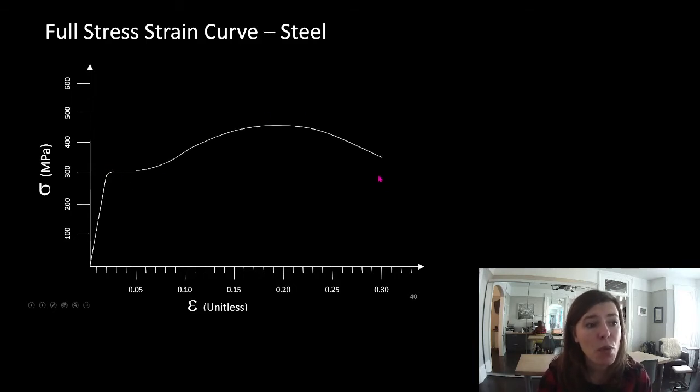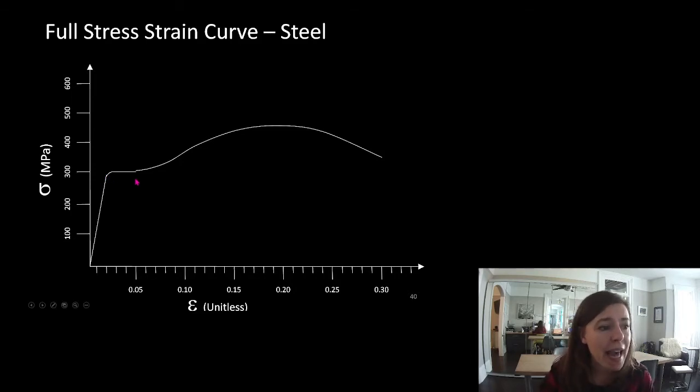This is what the rest of the stress strain curve looks like. Look at this. There's like a weird thing that happens here where we start to be able to take more stress in our object. So it actually has a maximum stress that's higher than our yield stress. Well, that's kind of lovely.